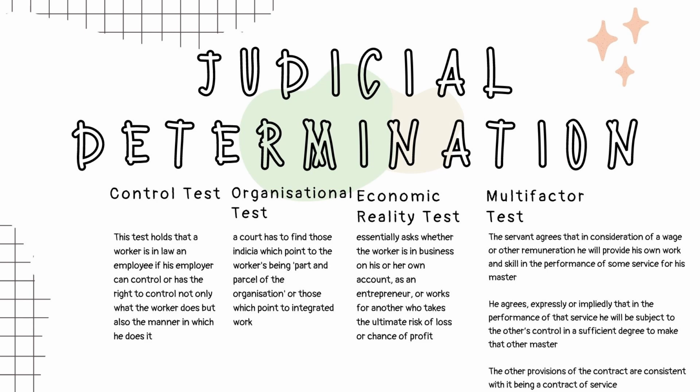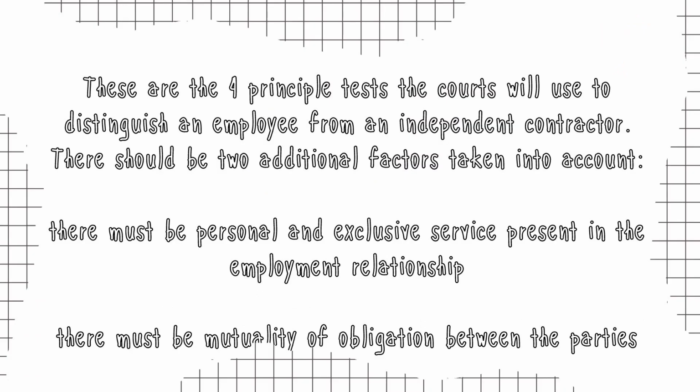All right. Now that we've looked at statute, what the parties agree to, and the tests that the courts look to in judicial determination, we must take into account that there are 2 additional factors that should be added to the 4 tests the courts look to.